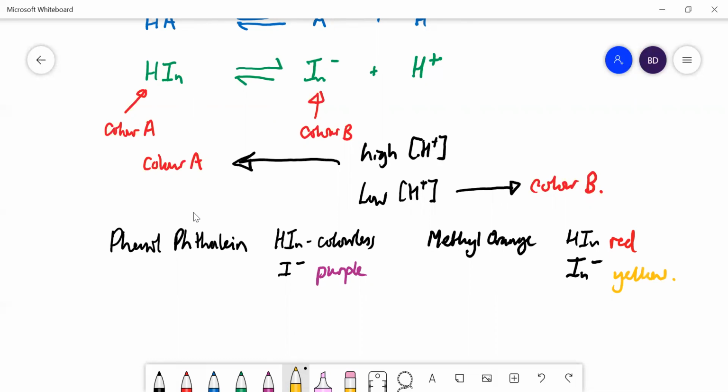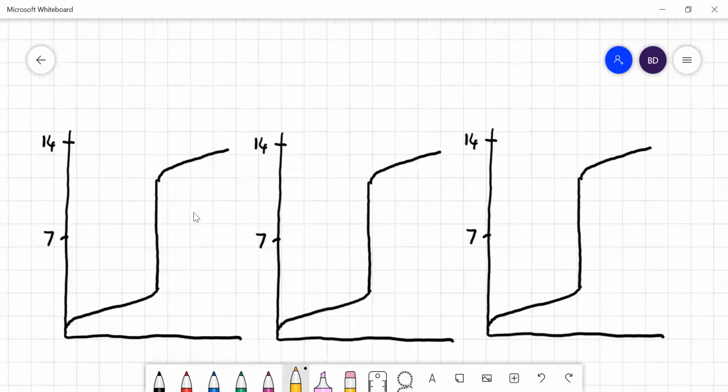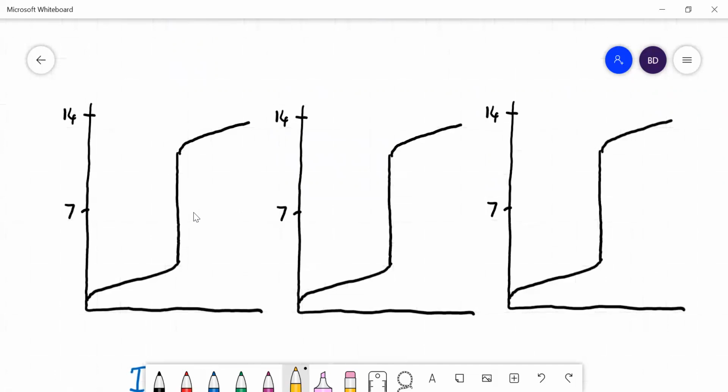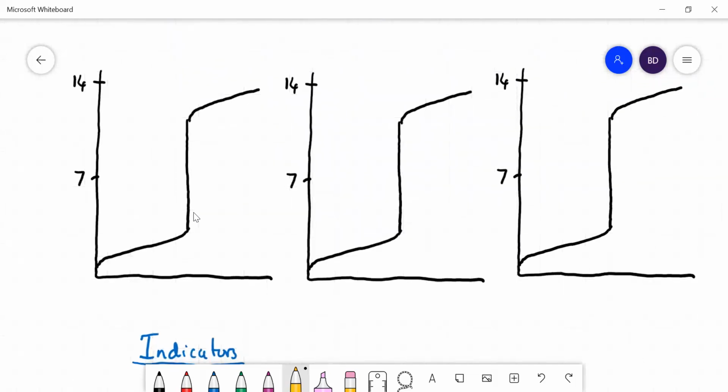Right, let's think about how indicators work then. Okay, so what I've got up here is 3 titration curves. I'm going to do something with each one, but let's just look at one of them here. So this is where the end point of your titration is, just there. And number one, this first one, we've got a strong acid. So let's say we've got HCl and NaOH reacting together.